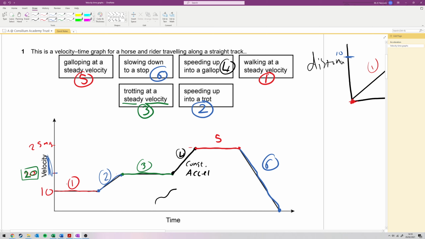At the side, if the line is horizontal, they are moving at a constant velocity. The only time they would be stationary or not moving is if the line was along this x-axis here, where their velocity is 0. So there, this point at the end, that is when they've stopped.